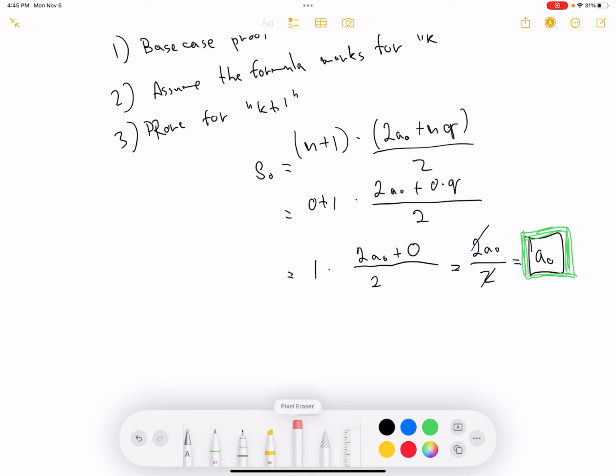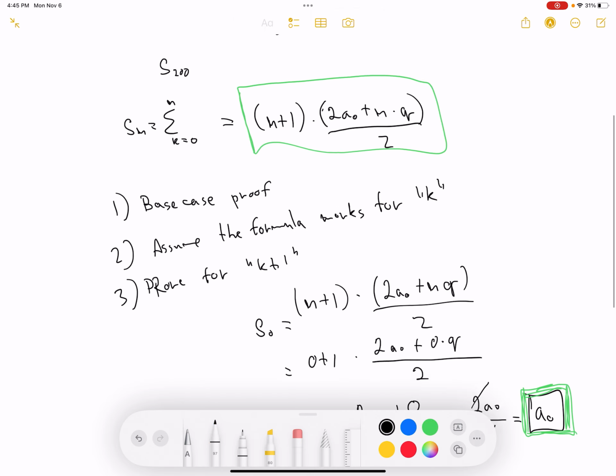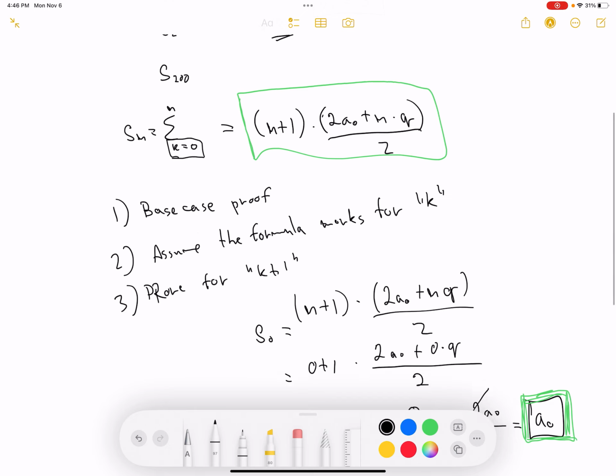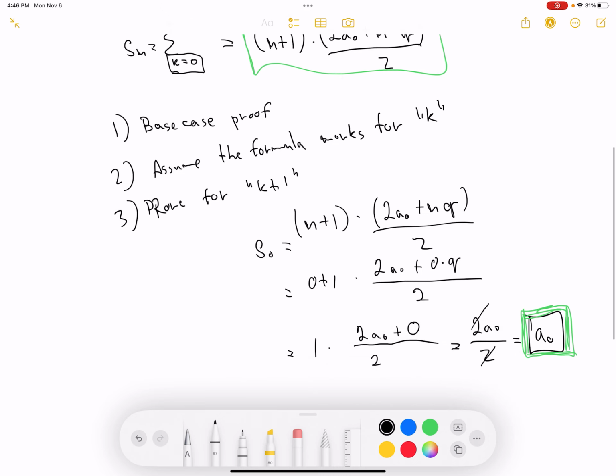Because we said that we start from 0, so we plugged in 0 as our base case, and we got back a0. And we already said in the beginning that the series of our sequence having only one element is gonna just have the starting element, right? So S0, or S of the first element, would always be a0, right?